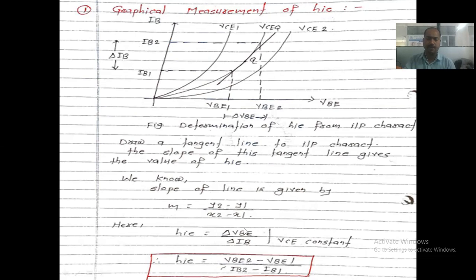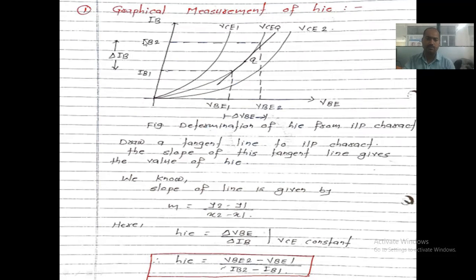So it is y2 minus y1 divided by x2 minus x1. This is y1, this is y2. So y2 minus y1 divided by this x value, so IB2 divided by I1.